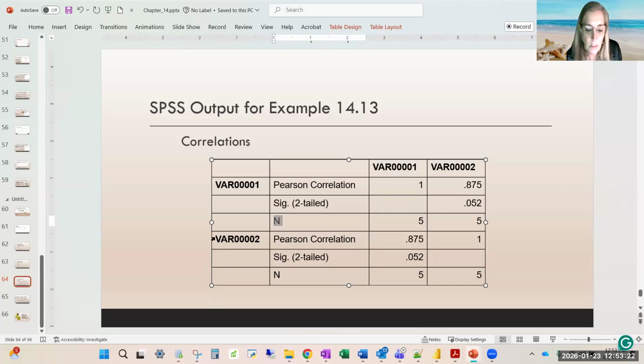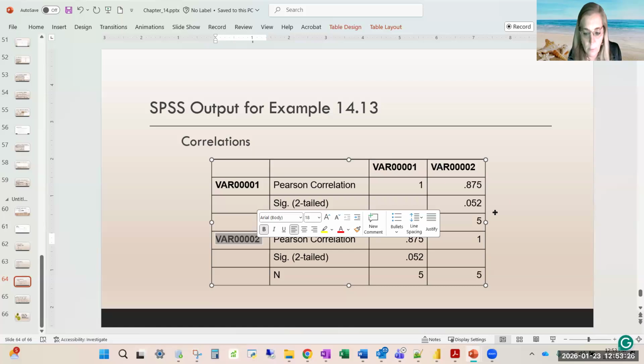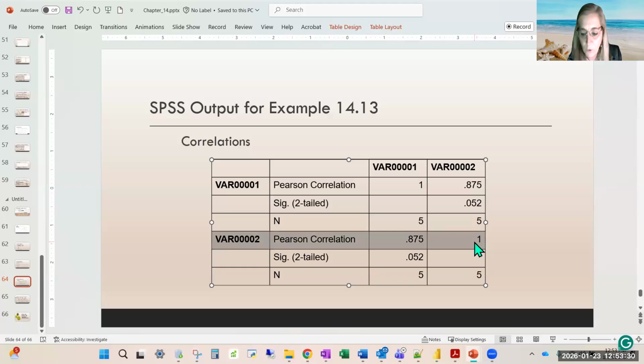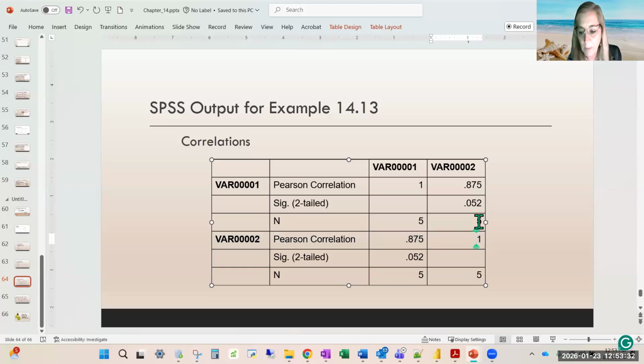Also here you can see variable 2 being compared to the variables, and when it's compared to itself, you have 1, right? But on this side, it's being compared to 1. This here is an exact mirror of what's down here, right? So variable 2 compared to variable 1 here is 0.875. Variable 1 compared to variable 2 is also 0.875, same thing.